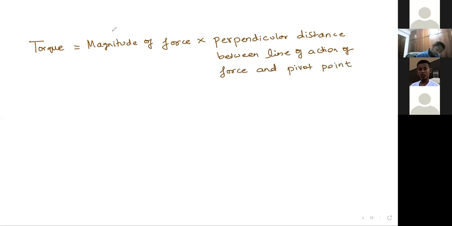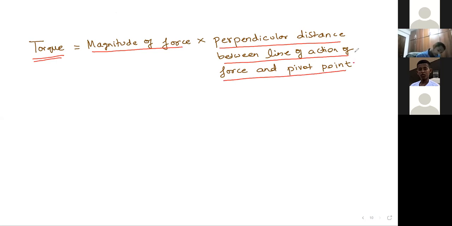Agreed? What is the meaning of torque? Torque is nothing but the product of the magnitude of force and the perpendicular distance between the line of action of force and the pivot point. Check it.